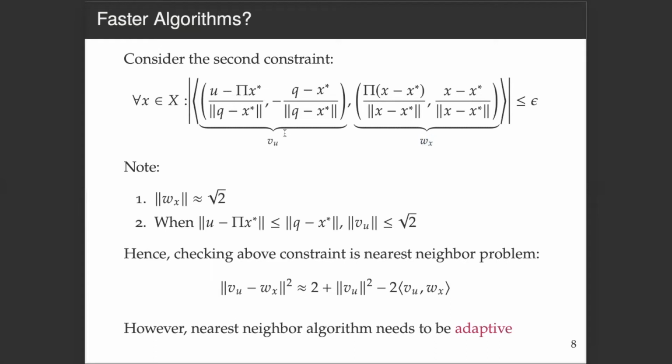And furthermore, since pi is a distance preserving embedding for the points in the data set, WX, the vector that does not depend on U or Q, is of scale approximately √2. And when the first constraint is satisfied, when U is closer to the projection of X star than the distance of Q to X star, VU is small.